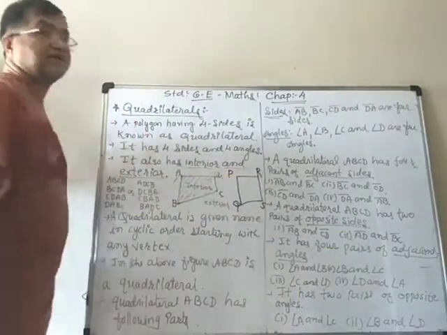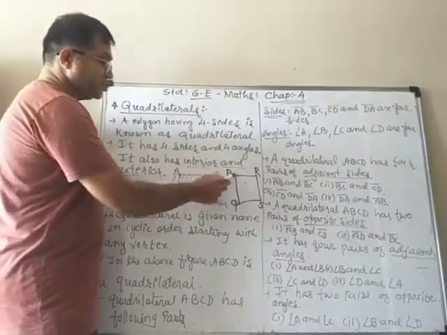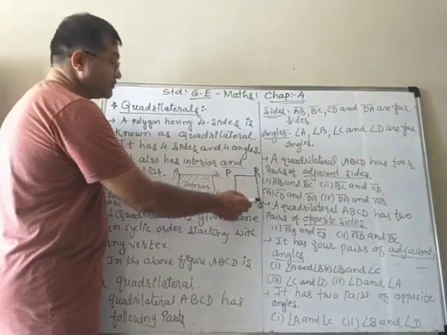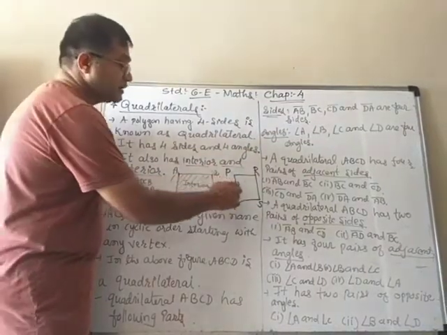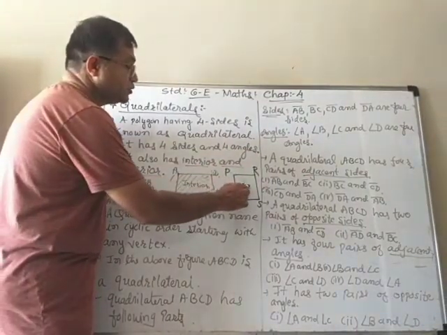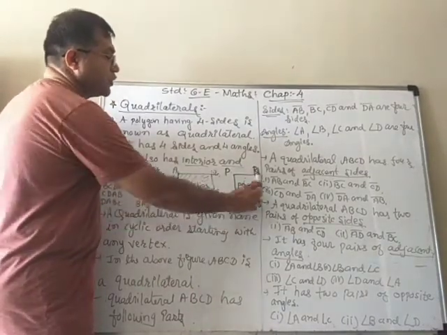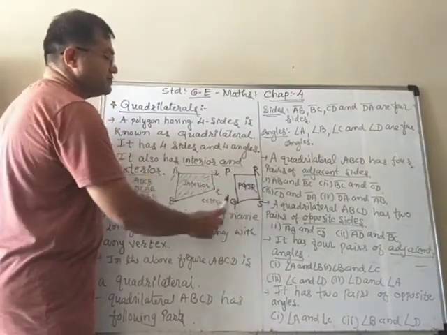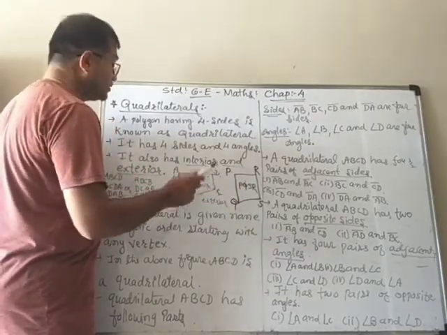So, always remember, suppose it is given like that. You can't say that it is quadrilateral PQRS. Why? Because you can't give this name PQRS. What is the name of the quadrilateral? It must be PQSR, because we have to go corner by corner, side by side. We have a cyclic manner, not jumping.